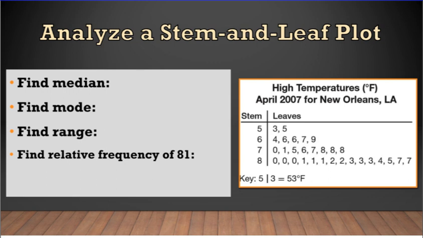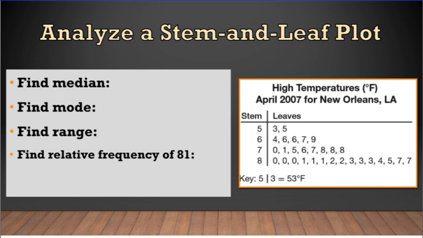So the median, remember, is the middle number. So the number in order or in the middle. If we look at our temperatures, since we're looking at the temperatures in April 2007, you could count all the numbers, or you can figure out how many days April has.